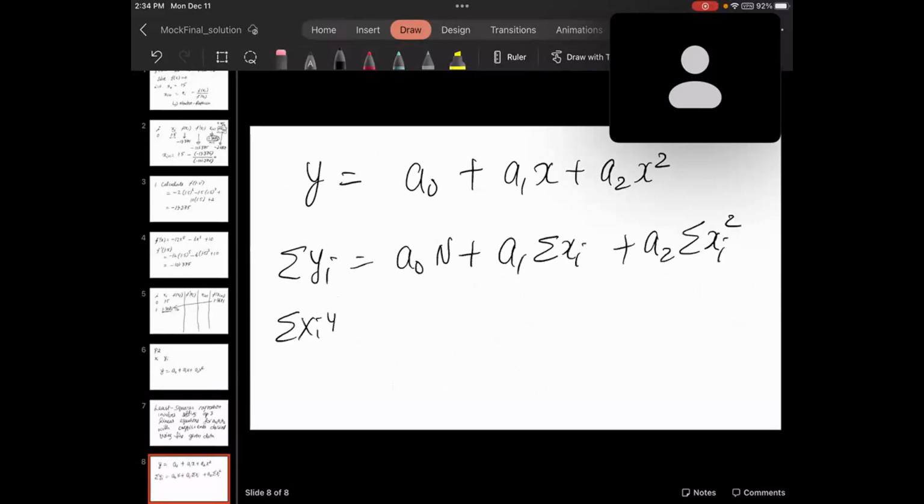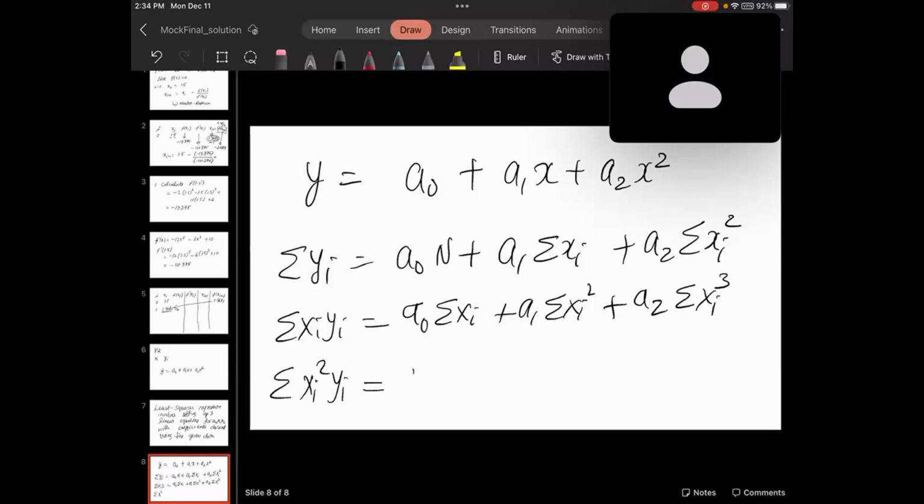Sigma xi yi is a0 sigma xi plus a1 sigma xi squared plus a2 sigma xi cubed. It's almost like multiplying by x throughout. Then sigma xi squared yi equal to a0 sigma xi squared plus a1 sigma xi cubed plus a2 sigma xi to the fourth.